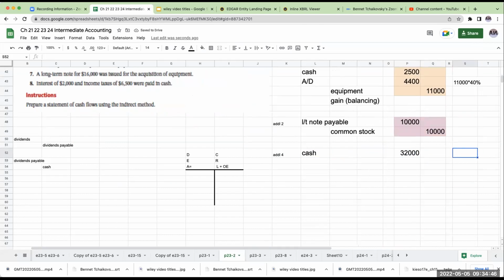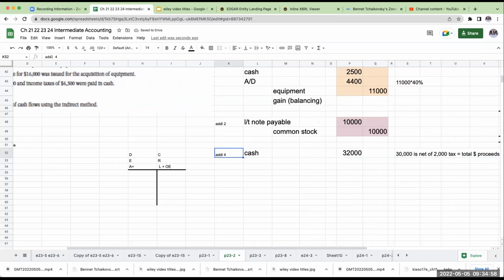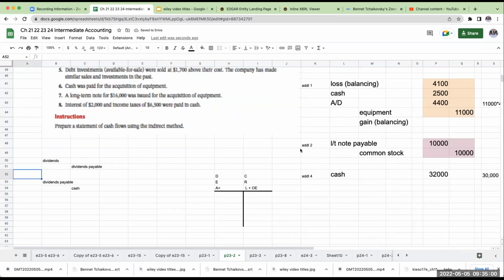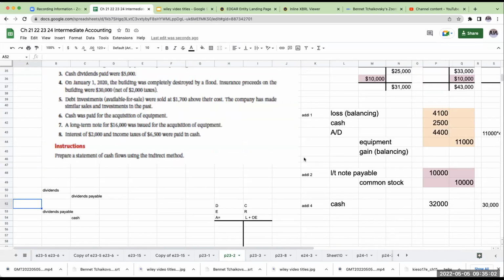Okay, so if 30,000 is net of 2,000 tax, total cash proceeds would have been 32,000. Again, I don't like the way that's worded, but that's the way the book is choosing to go through and do that. So the building was completely destroyed by flood.